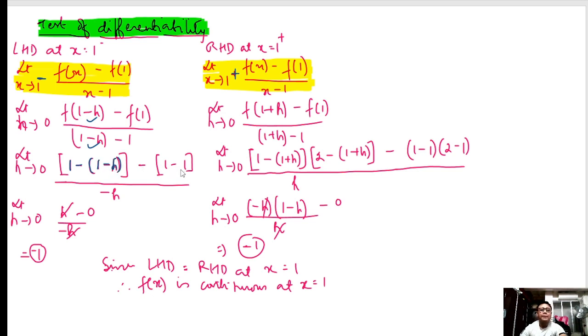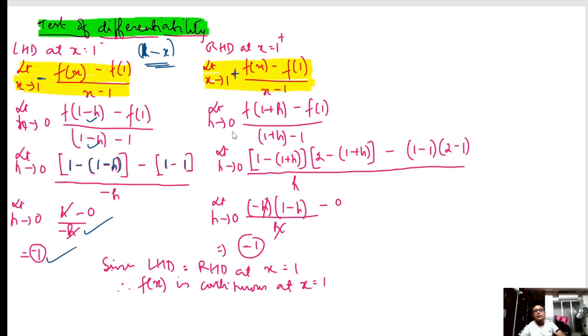Clear? And here in place of x I will put 1. The function I have chosen is 1 minus x. On this function we are trying to test. So it comes out to be this, and it is minus 1.